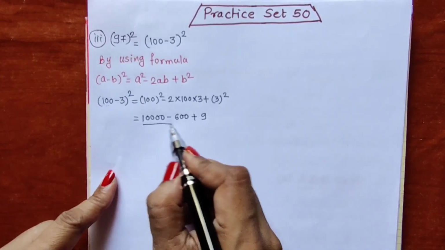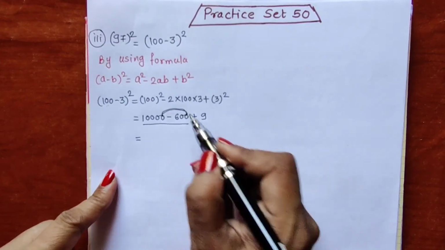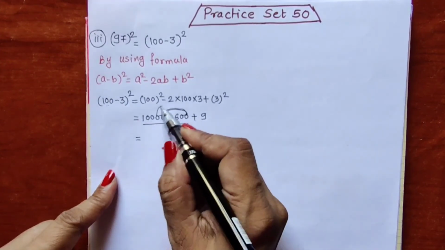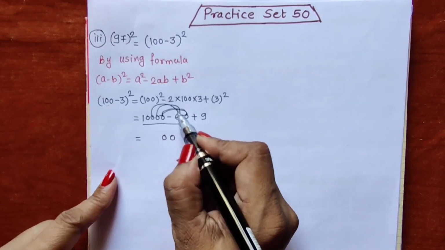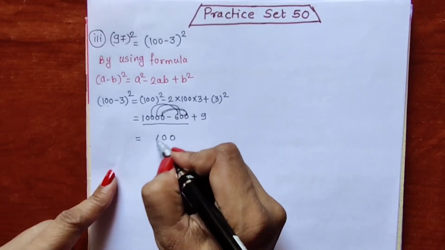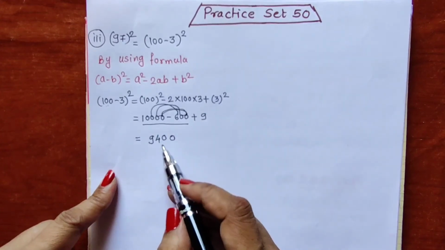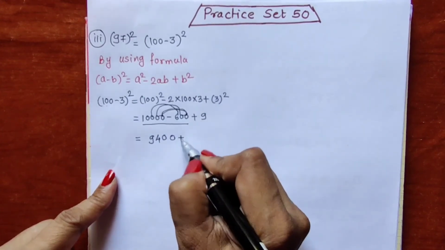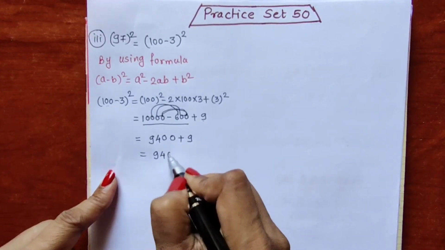Now we will do this subtraction first. Okay, 0 minus 0 is 0, 0 minus 0 is 0, 0 minus 6 cannot be done, so we have to borrow 1 from here, so it will be 10 minus 6 is 4. We have borrowed 1 from here, it will be 9400, plus this 9 will be 9409.